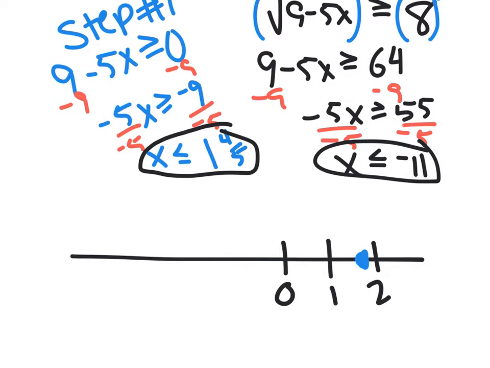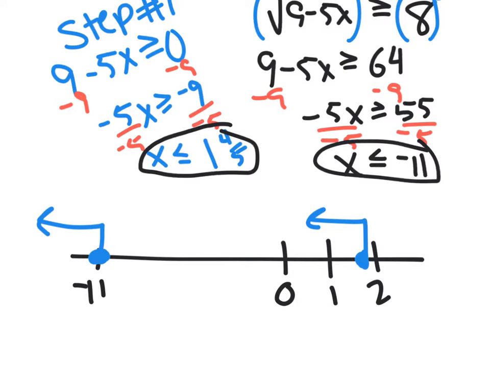And it does say x is less than, okay? And the other one is at negative 11. Let's say it's way over here, negative 11. And it's also less than. Okay. So they're both going to the left, which means that your answer is going to be on the overlap piece. All right. Now, if they would have been going this way, if this would be going this way and this would be going this way, they would overlap in the middle.